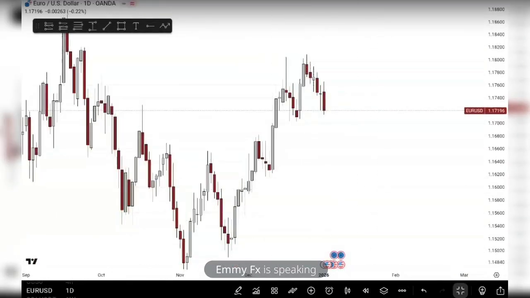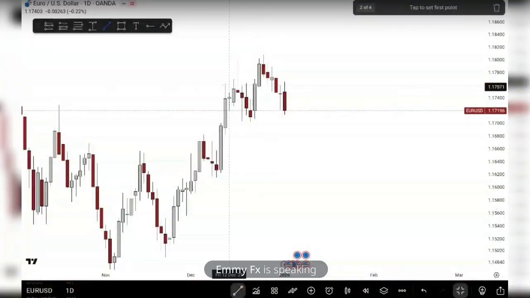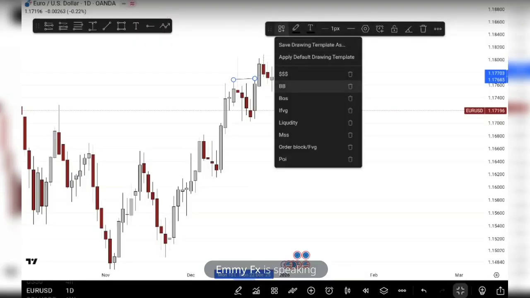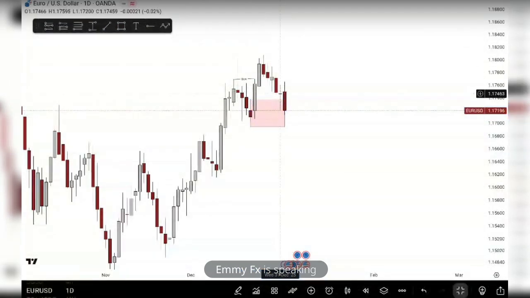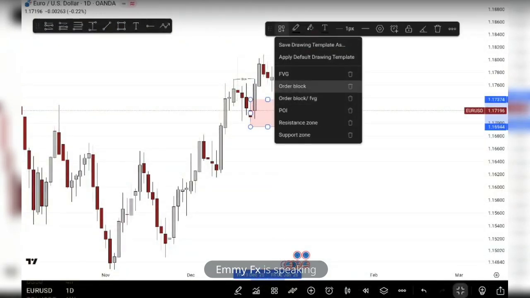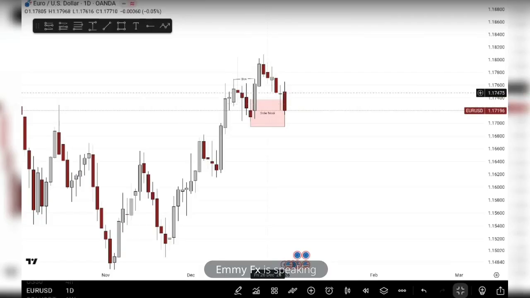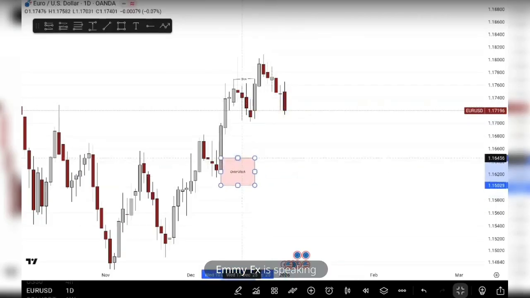At this part, we have this break of structure to the upside, and after the break of structure to the upside, we have this order block in which price is currently reacting. Price dipped into the order block and reacted. If we look more carefully, price is currently going to this order block.